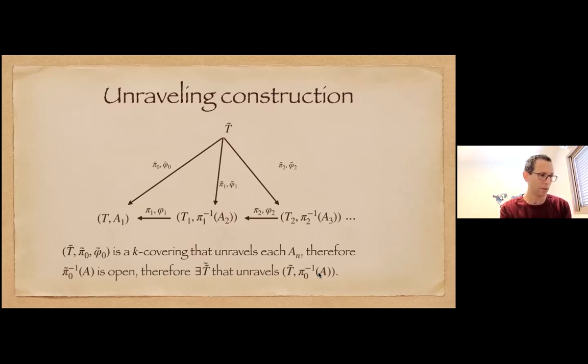So the key lemma says that I can unravel a closed set, but the same covering also unravels the complement open set. So since pi 0 minus 1 of A is open, I can unravel it as well. And okay, so this completes the proof, I think.